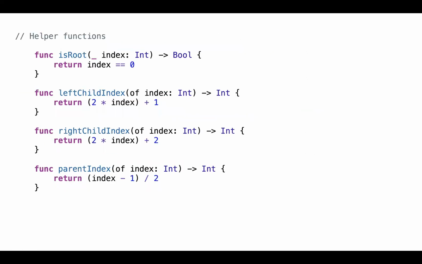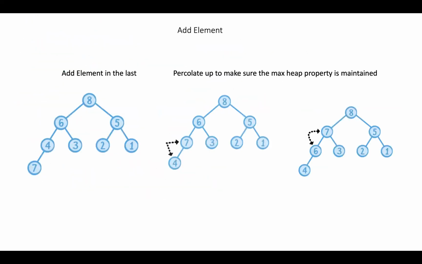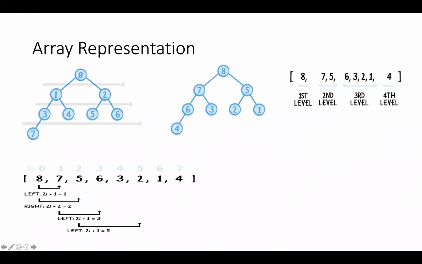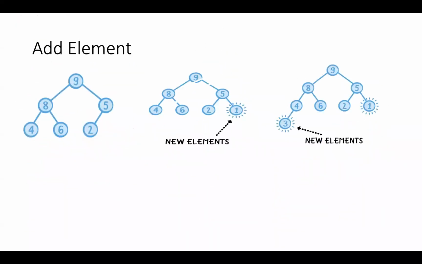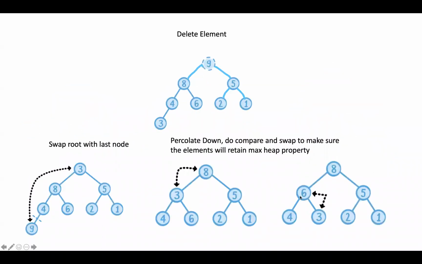Just for visualization, if I call highest priority at index 6, it will consider 6, 4, and 3 and give me the one which has the highest priority for this particular index.